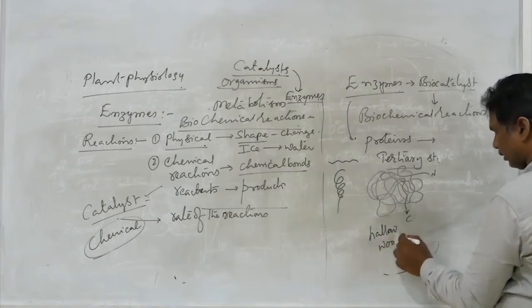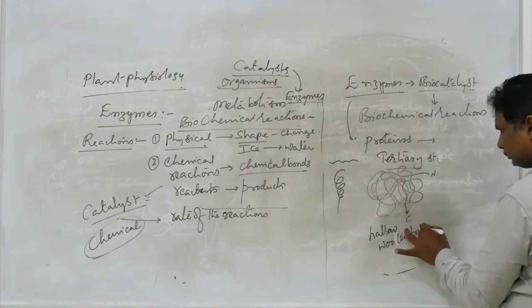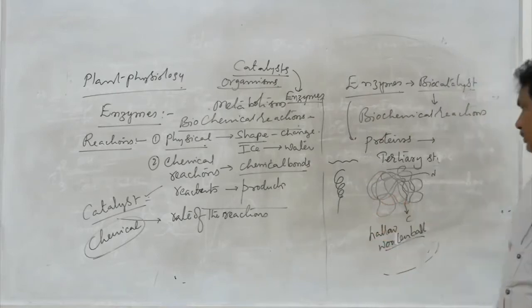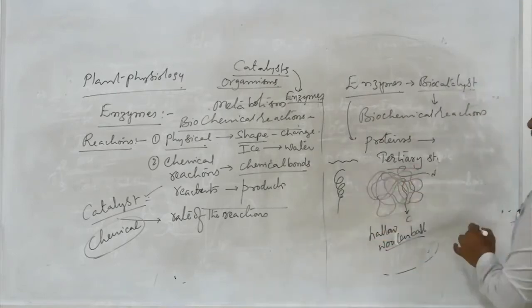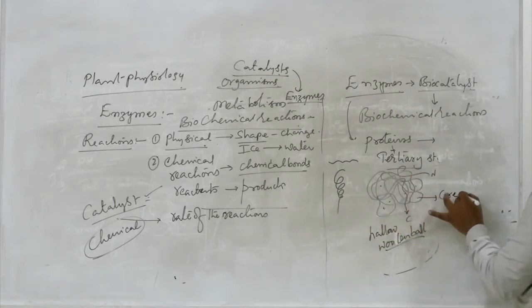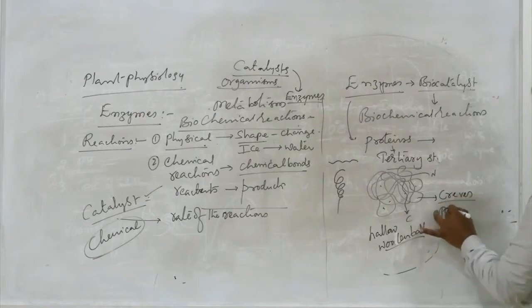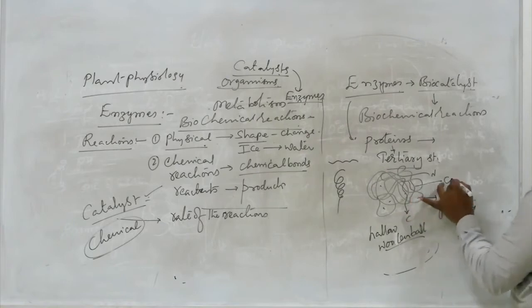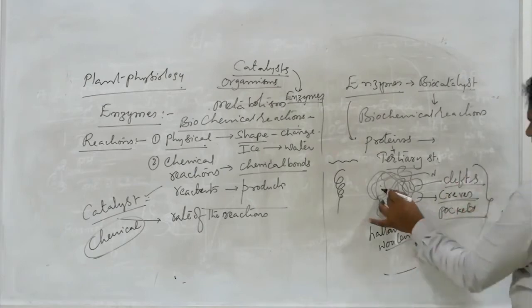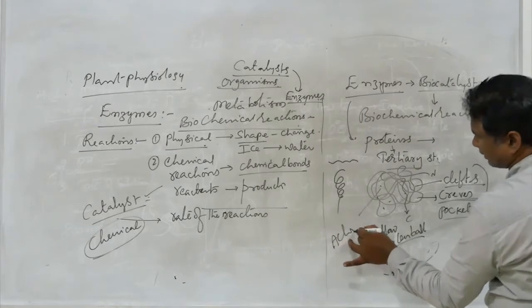When we observe this type of tertiary structure of the protein, it has gaps, which are crevices or pockets. Pockets are also called clefts. Those clefts, crevices or pockets act as active sites.